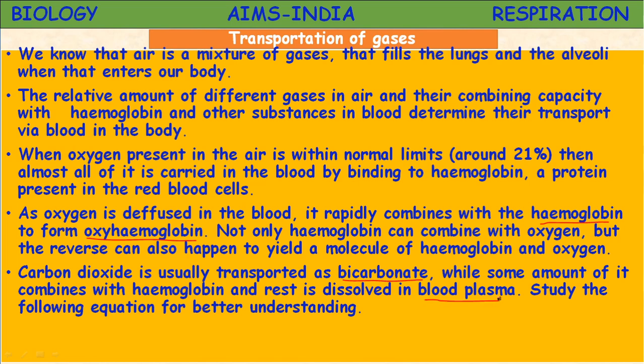Some amount combines with the hemoglobin and forms carboxyhemoglobin. Most of the time, this carbon dioxide in the form of bicarbonate is dissolved in the plasma of the blood. Okay, study the equations for better understanding, here how hemoglobin combines with oxygen and forms oxyhemoglobin, and how that oxyhemoglobin dissociates into oxygen and hemoglobin.